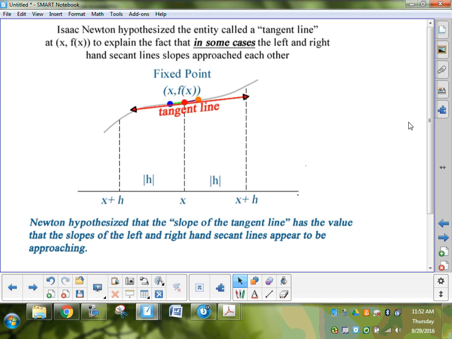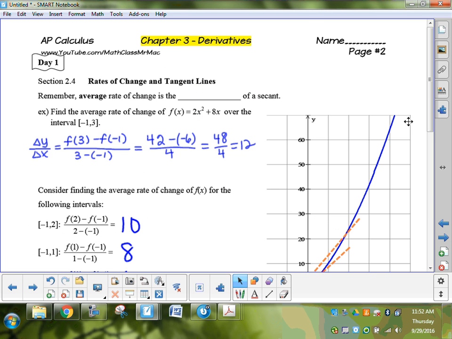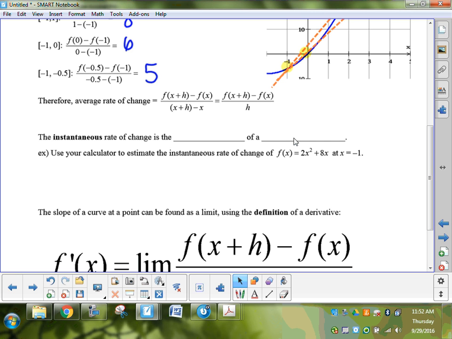It doesn't matter whether you're going above or below it. As that h value gets really, really close to 0, you're going to get an accurate representation. And it's not anymore a secant line. It's an instantaneous rate of change, because for a secant line you need 2 points. An instantaneous rate of change is a slope at a single point. Now, that gets us down here. The instantaneous rate of change is the slope of a tangent line.